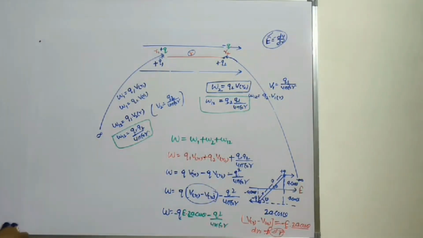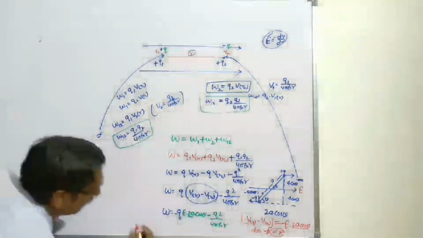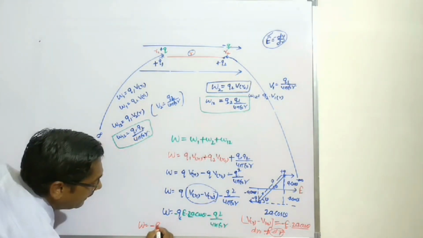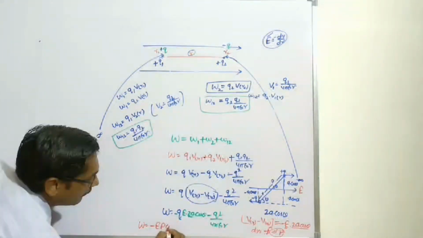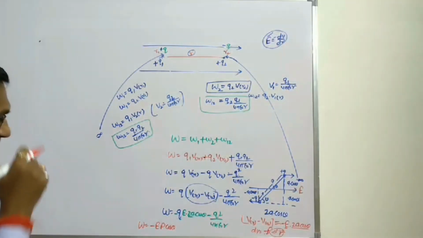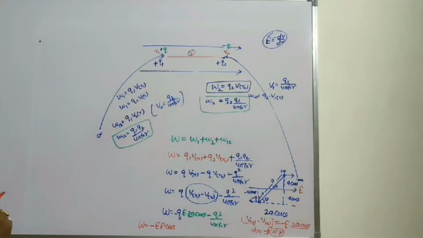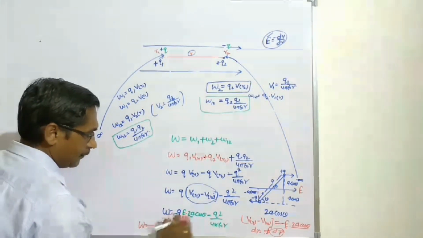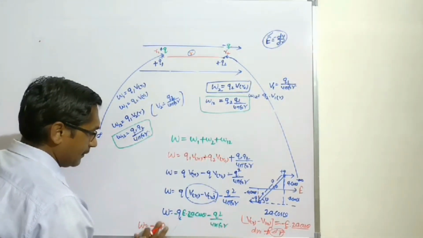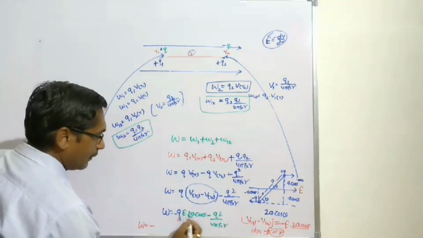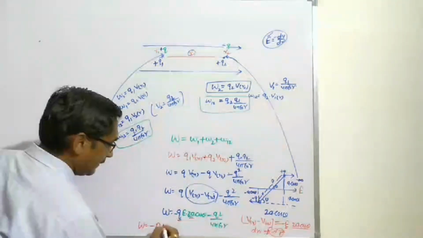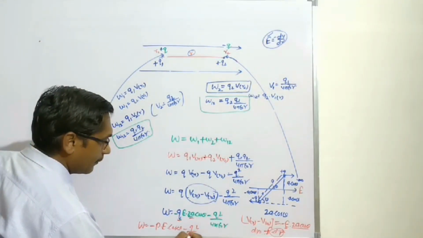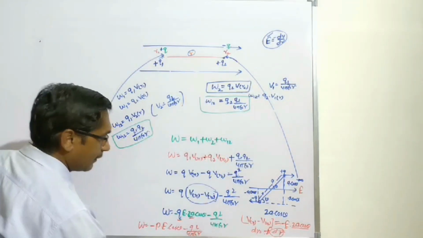So we get W equals q into 2a, which is p, so p E cos theta, minus q square upon 4 pi epsilon naught r.